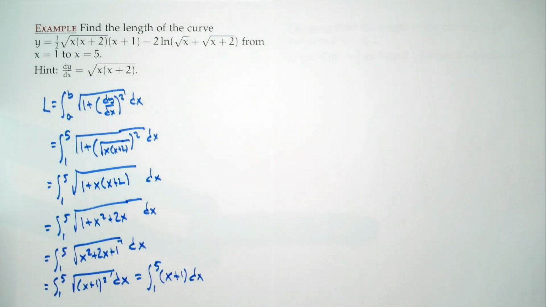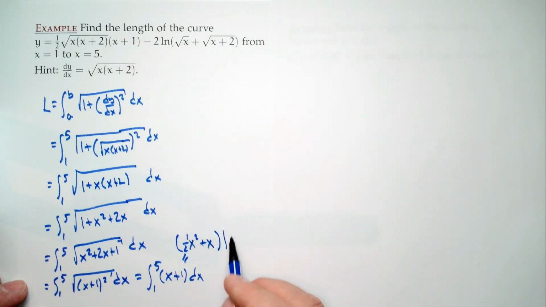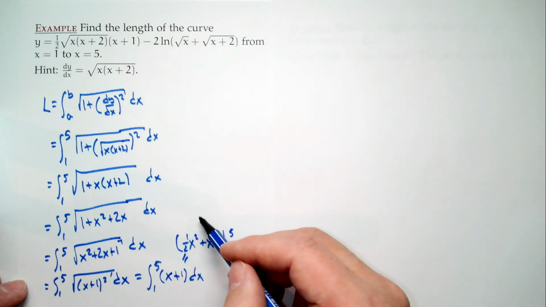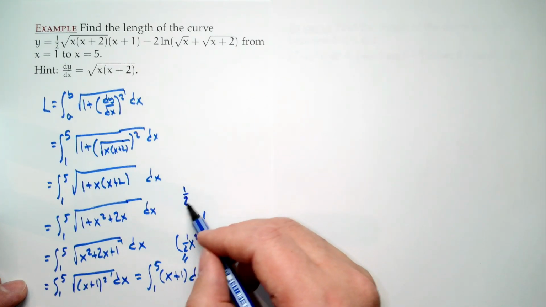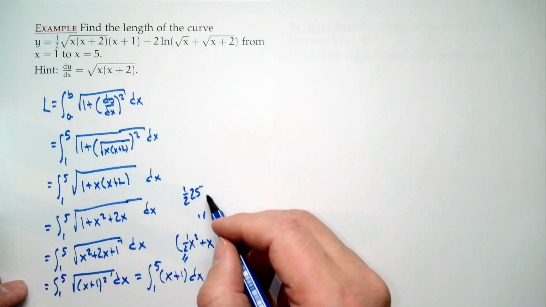All right. So, now we see this was a great one to work with. Easy to handle the square root. What's the integral of x plus 1? Okay, it's 1/2 x squared and x. Evaluate from 1 to 5. You plug in the 5, you get 1/2 times 25 plus 5.